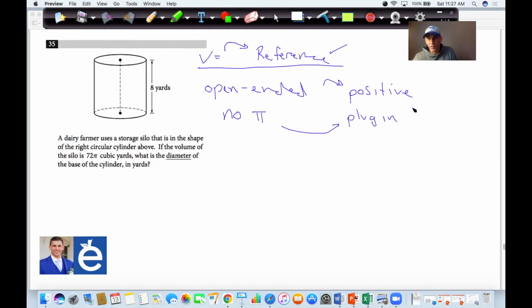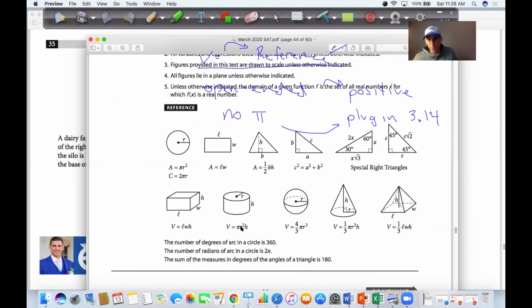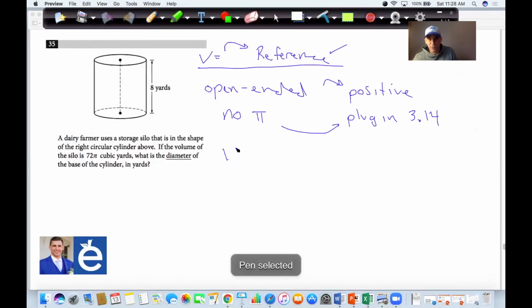Plug in 3.14 if you don't see pi, depending on what they're giving you and how you work it out. Just be mindful of that, because in this equation, let's go back very quickly, volume equals pi r squared h. That's my equation. That's what I'm encouraging you to understand, how we set this up.